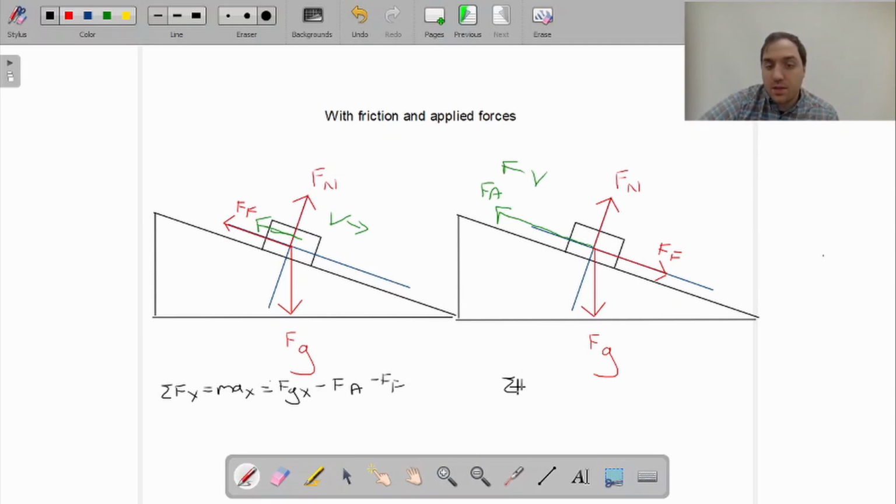And over here, it'd be sum of all forces x would be the force applied minus the force friction minus the force gravity in the x direction, not mgx, to be very specific and accurate. Apologies. Adding an additional force only changes how you set up the equation very slightly. And if we want to solve for the applied force, we can do it that way.